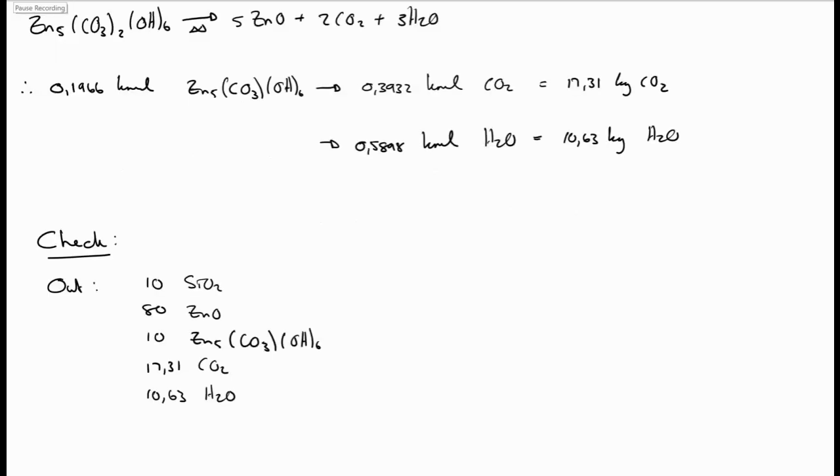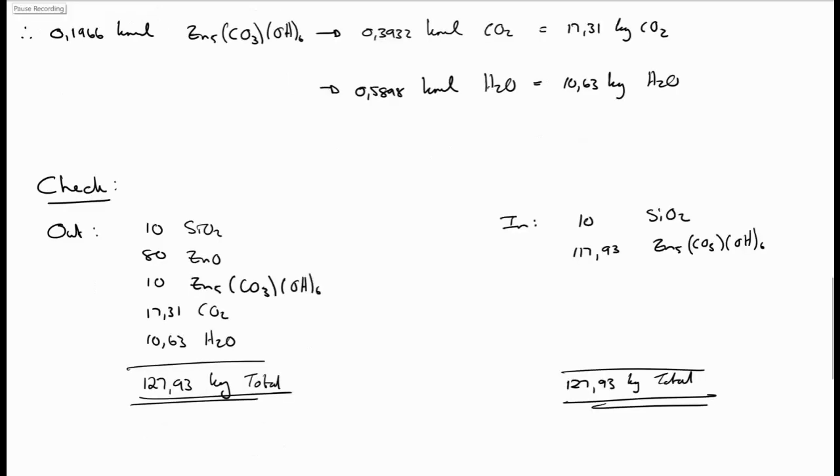And to check if we are right, let's look at everything going out. So it's the zinc oxide, the silicon dioxide, the hydrozincite, the CO2 formed, and the water formed, giving us a total of 127.93 kilograms. Now what is going in?